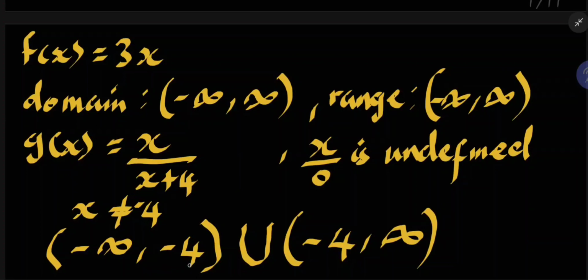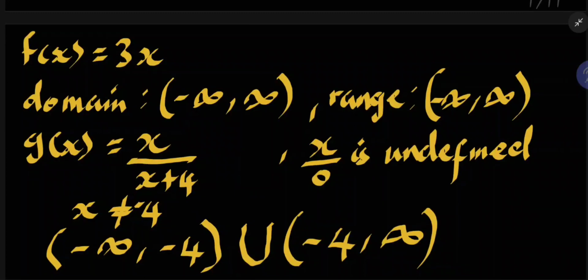Now, let me briefly explain why we use parentheses. So when we talk about intervals, your parentheses here simply mean that minus 4 is not part of this interval. So the values in this interval will include every number just before minus 4. And the values in this interval will include every number just after minus 4.